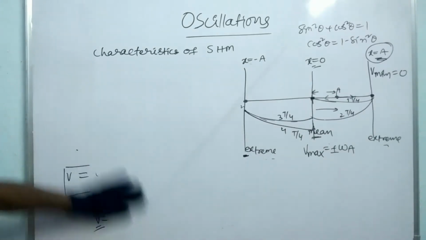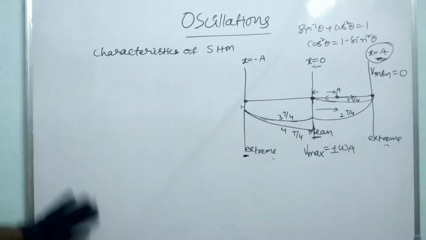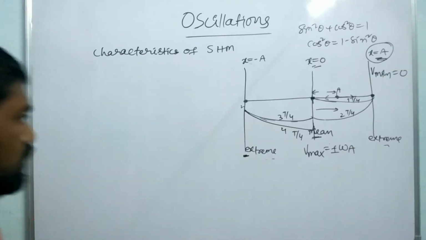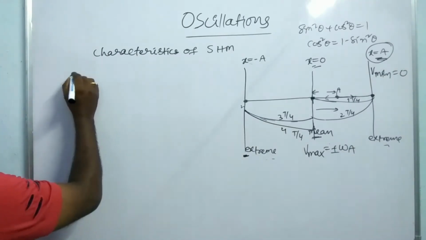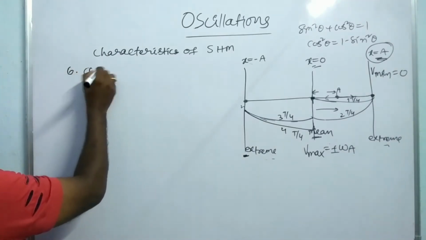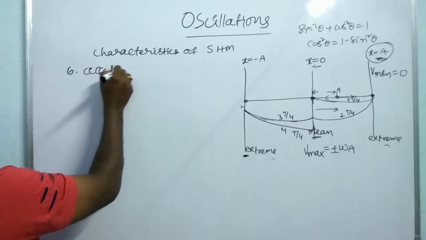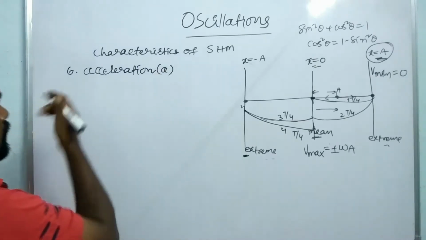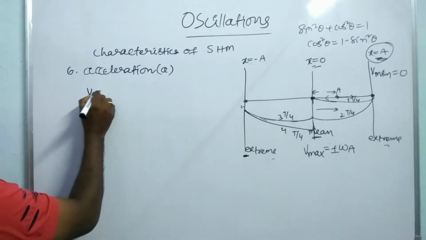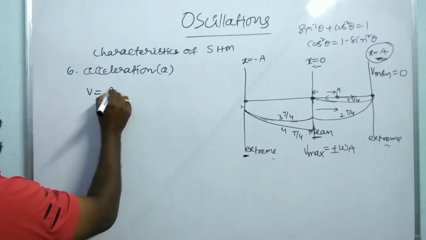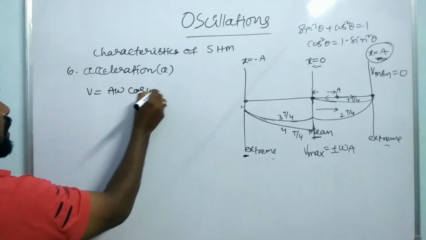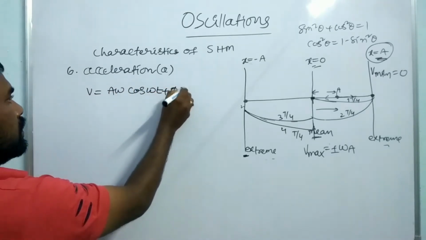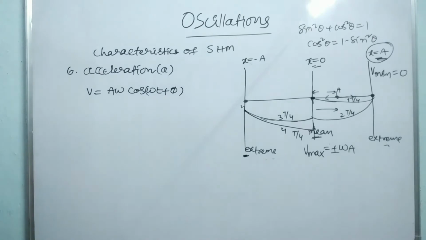So one more characteristic of the simple harmonic particle, that is acceleration. So this is the sixth one, acceleration. So acceleration A. The velocity of the particle is equal to A omega cos omega t plus phi. Right? A omega cos omega t plus phi.